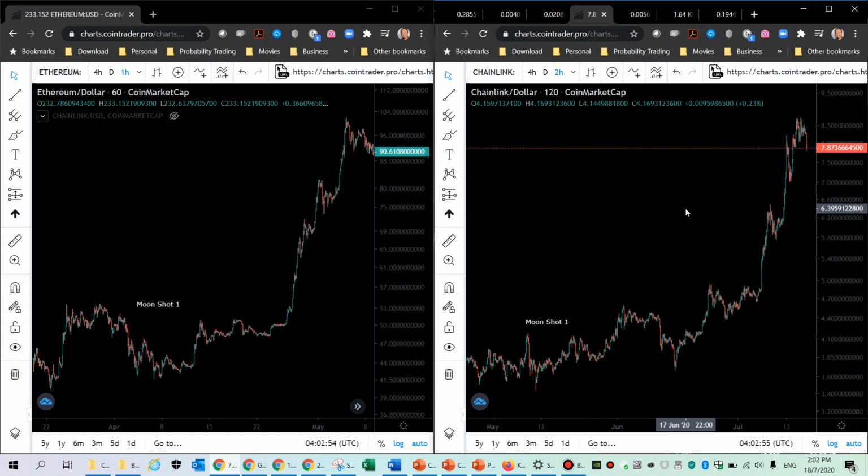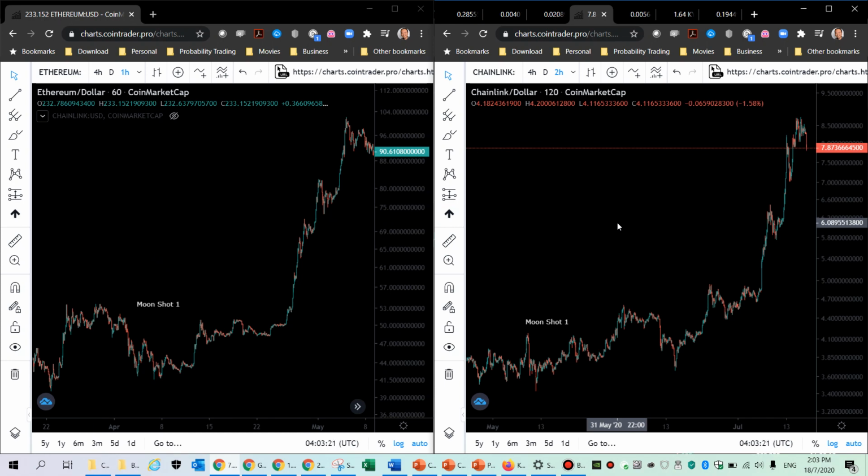So let's have a look and we'll start with the moonshot. We use Ethereum from April 2017 against Chainlink. If your question is why use Ethereum 2017, it's because there isn't another coin faster than Chainlink currently, so the only reference we can use is the last cycle.